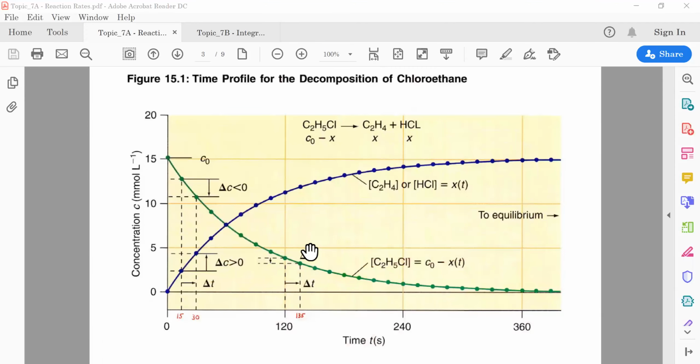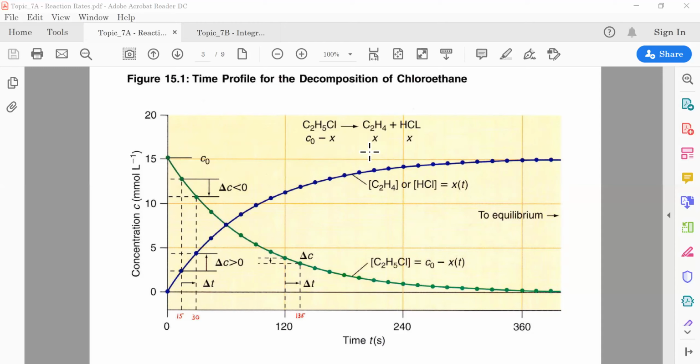Here is an example of a typical chemical reaction. It involves ethyl chloride, C2H5Cl, reacting to form ethylene and hydrogen chloride. All of these are in the gas phase if it's at room temperature, for example, or higher. And so the way we're going to look at it for all of these is that the initial concentration, call it C sub 0, in this case it's 15 millimoles per liter, is the initial concentration of the ethyl chloride.